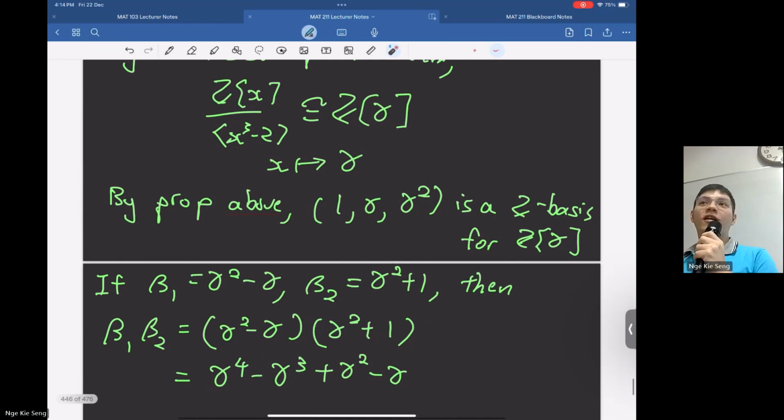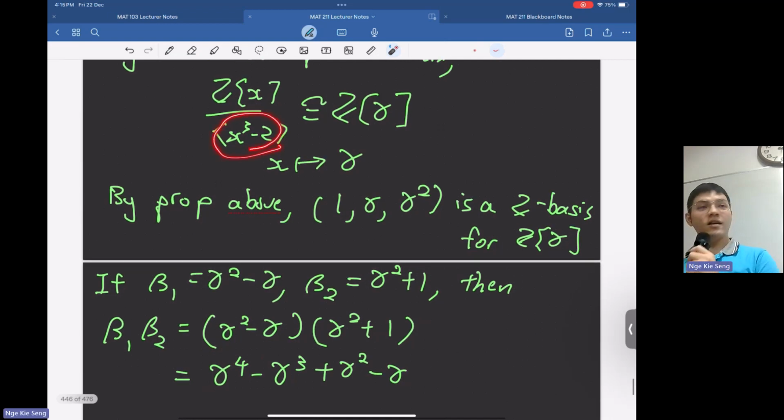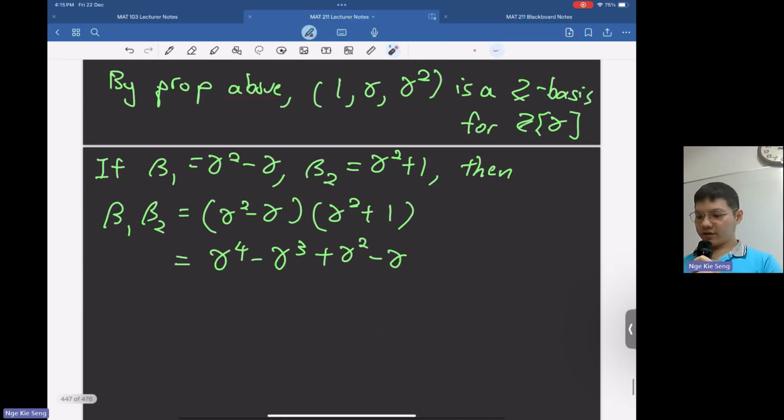Divide by the F alpha, right? Because F alpha is the thing that gets sent to 0. Okay or not? Okay. So we can reduce this. Or how should we reduce this?